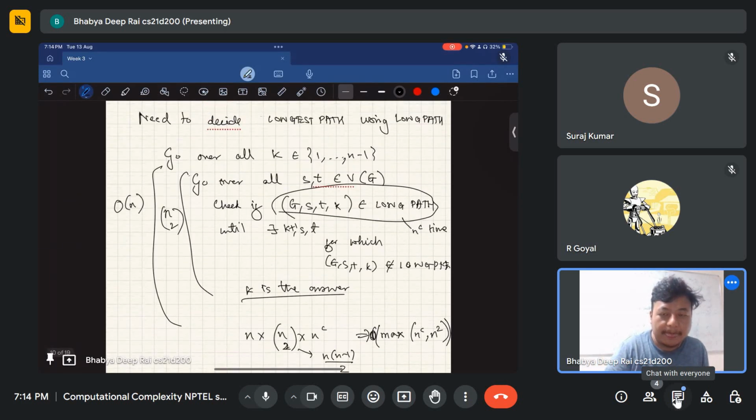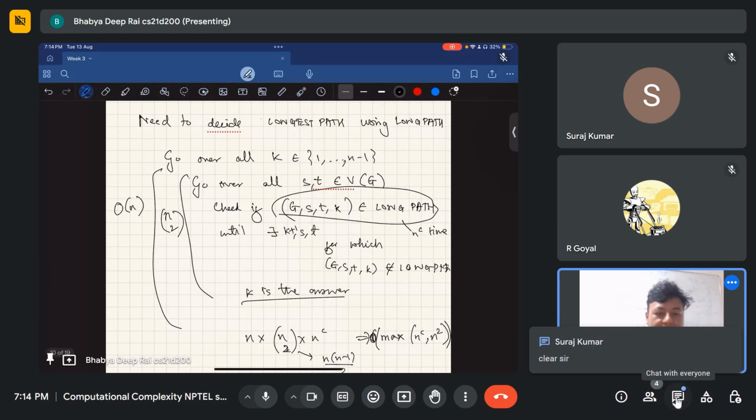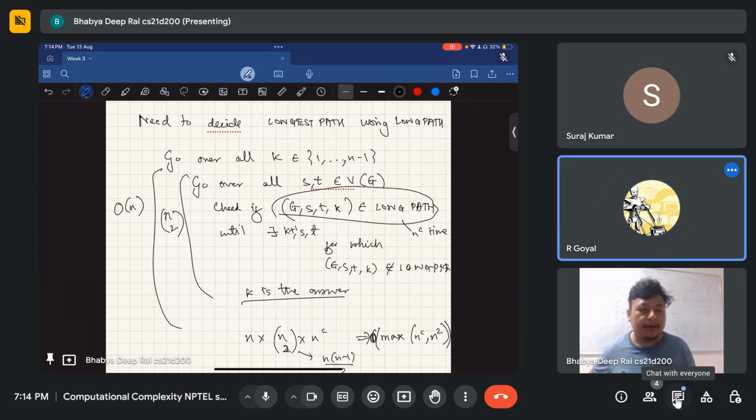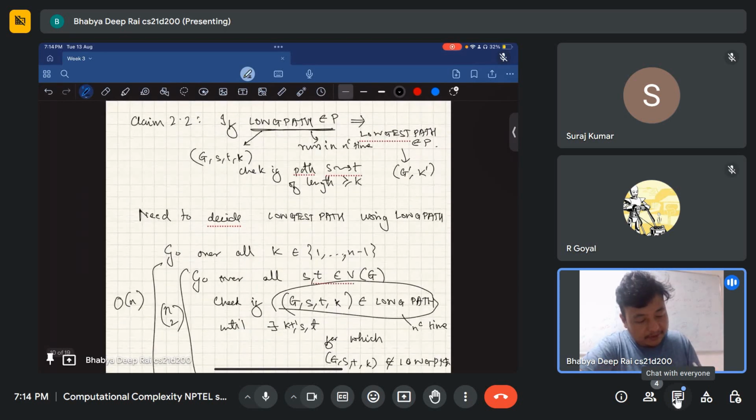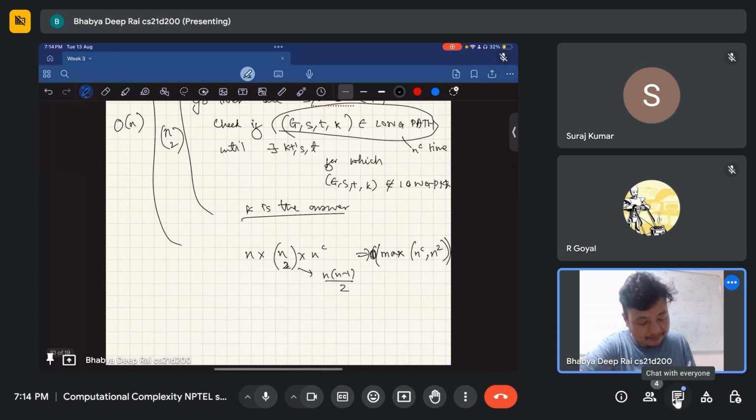Is that clear, Suraj? Okay, Goel, is it clear? Yes. Okay. So now we've shown that if long path is in P, then longest path is in P.